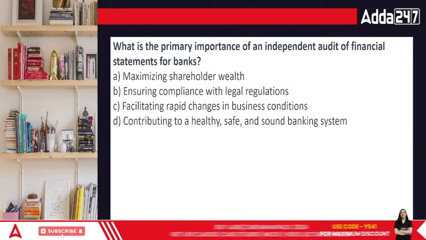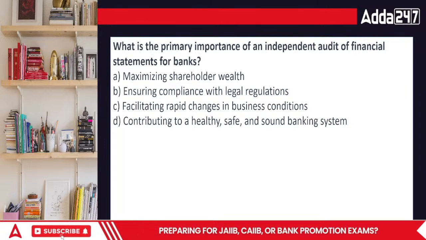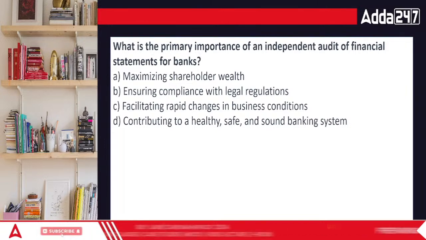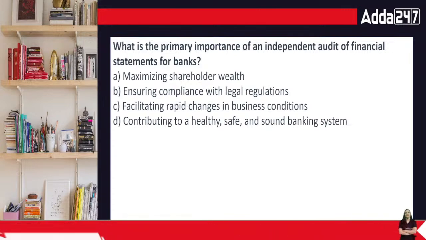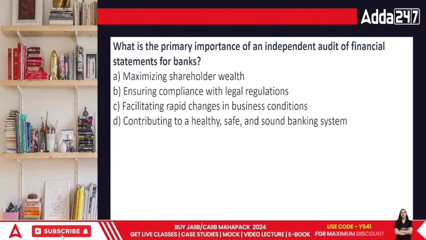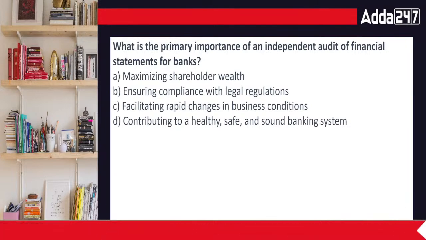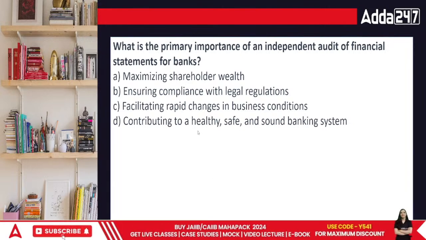Done, everyone? What would be the answer in this case? What is the primary importance of an independent auditor? An independent auditor has no influence over the organization. He is someone who would come and study the organization, give his report, and ultimately has an upper hand.